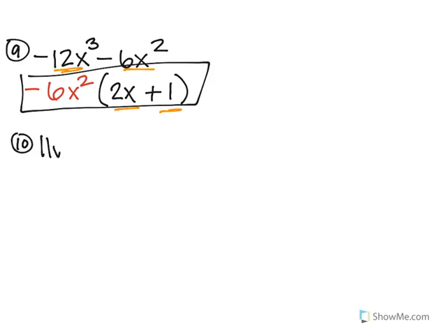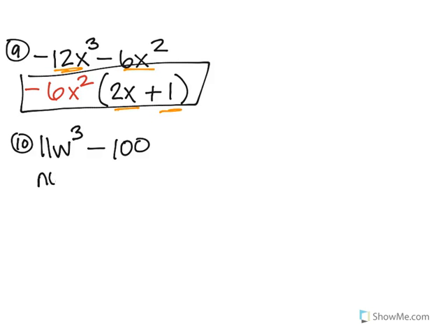What about 11w to the third minus 100? Huh? Can't factor it? No GCF? Very good. That's as far as that's going to go. Okay? You can't pull off a GCF but 1. They don't have anything else in common but 1.